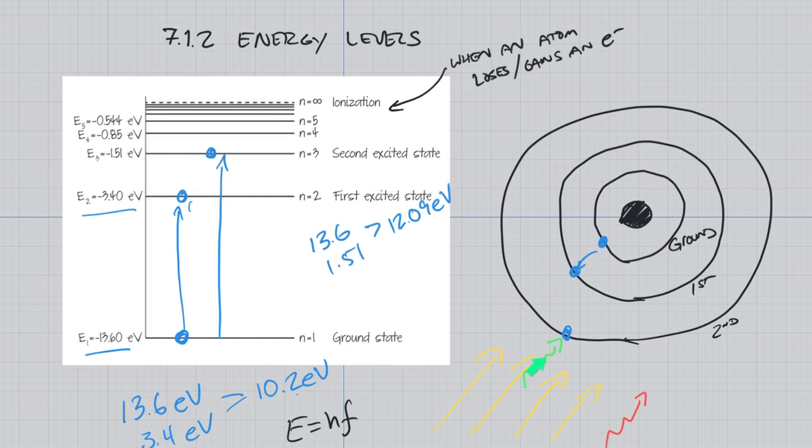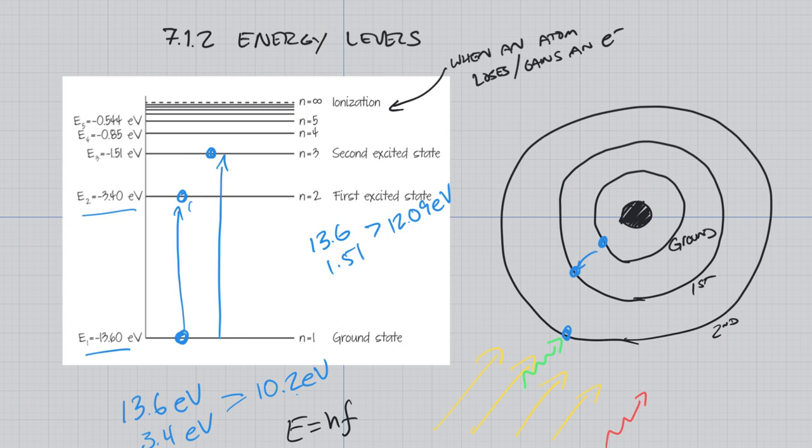And so when these electrons absorb energy, they're going to jump to higher energy levels. Now, the concept of energy is energy cannot be created or destroyed. It can just be transferred. So if we have that electron hanging out here in the second excited state, it's eventually going to come back down. Potential energy, right, turns into another form of energy. And that electron can take two pathways to get down.